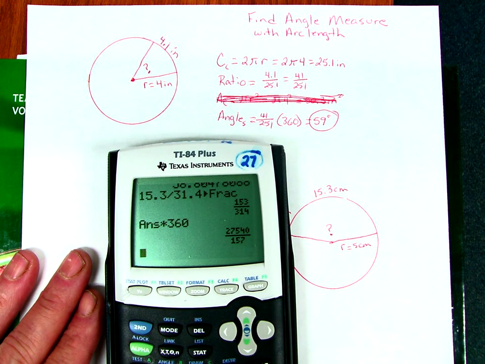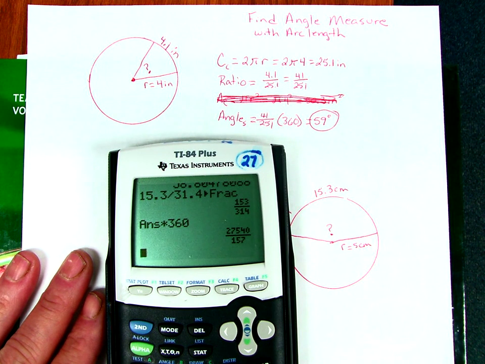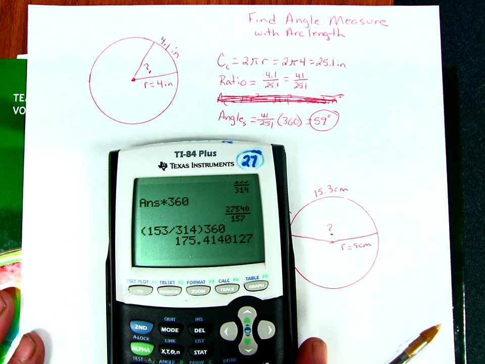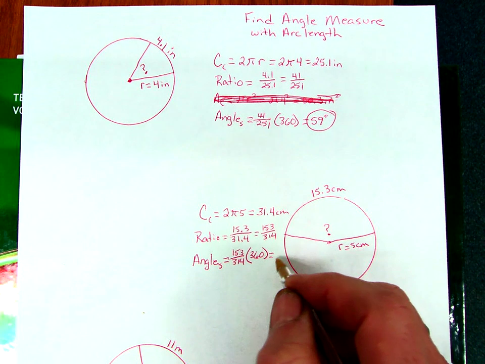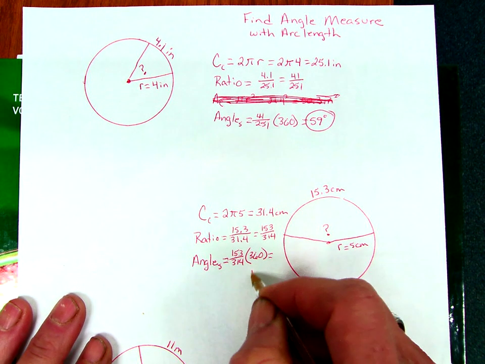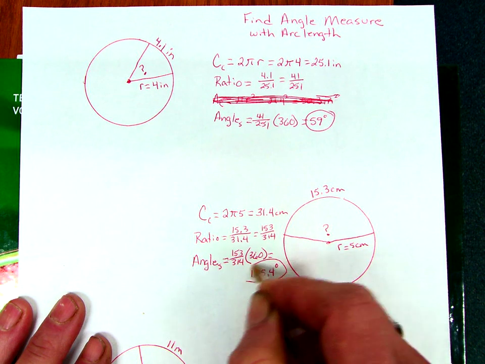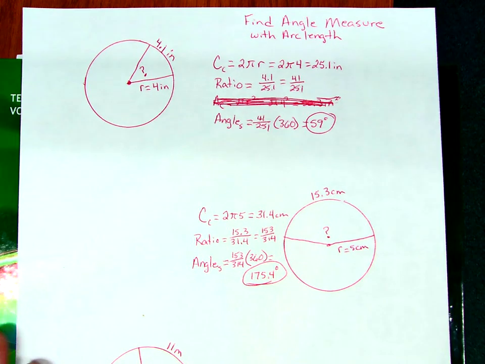Except we don't want a fraction. All right. So 153 divided by 314 times 360, 175.4. 175.4 degrees. That's how much that angle is right there.